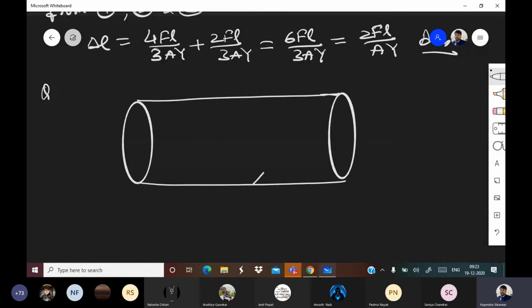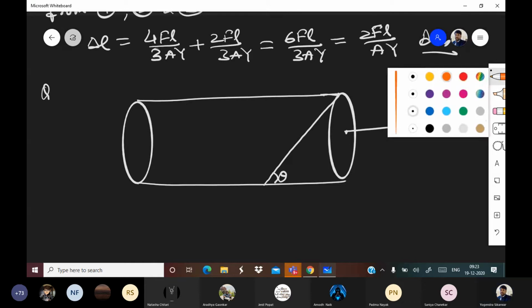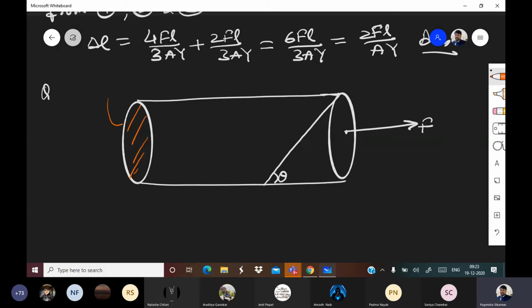There is a surface, this surface, and this angle is theta. It is given. The force acting here is F, and the area is A. The question is: find the stress on line AB.